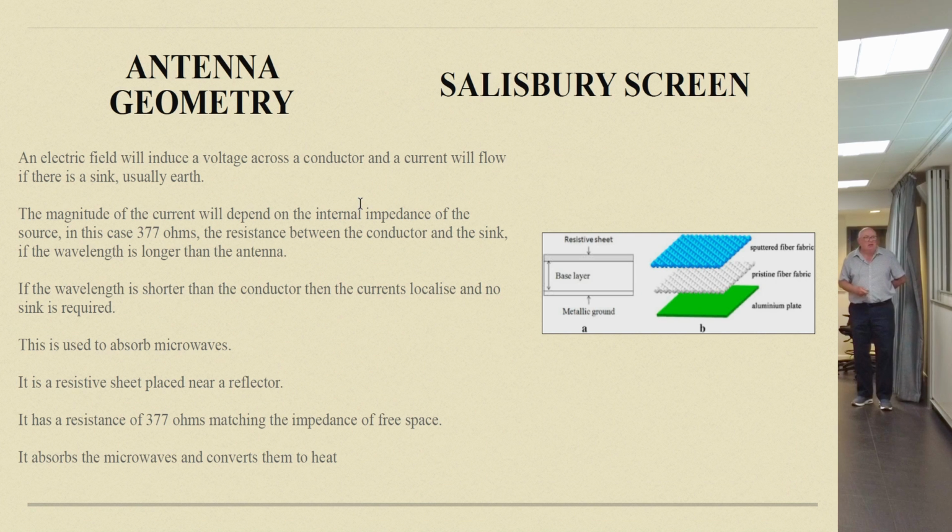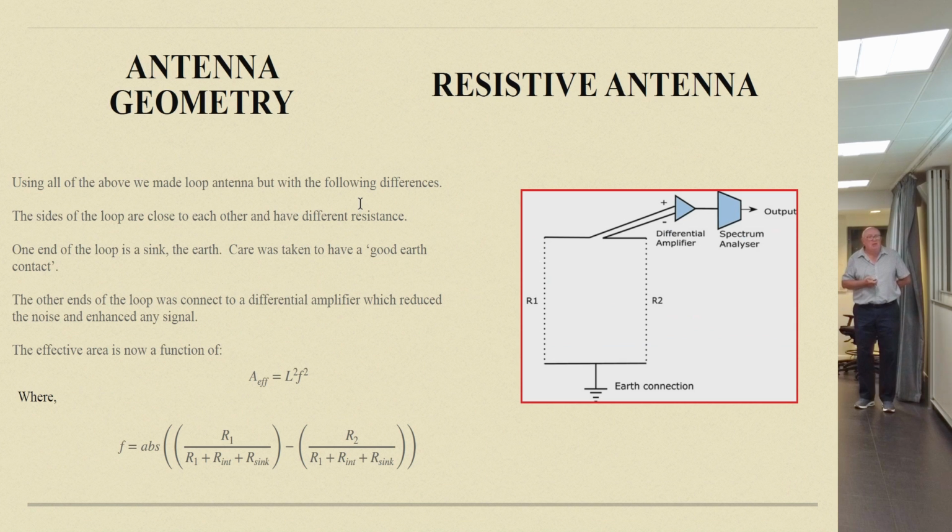So it's called a resistive sheet, and it's placed in this sort of sandwich configuration like this, and it absorbs the microwaves. But as I say, if you use it in a situation where the wavelength is much bigger than the sheet, then you can still use it a bit, but you then have to stick an earth on it. So it was a bit obscure as to how we came up with this idea.